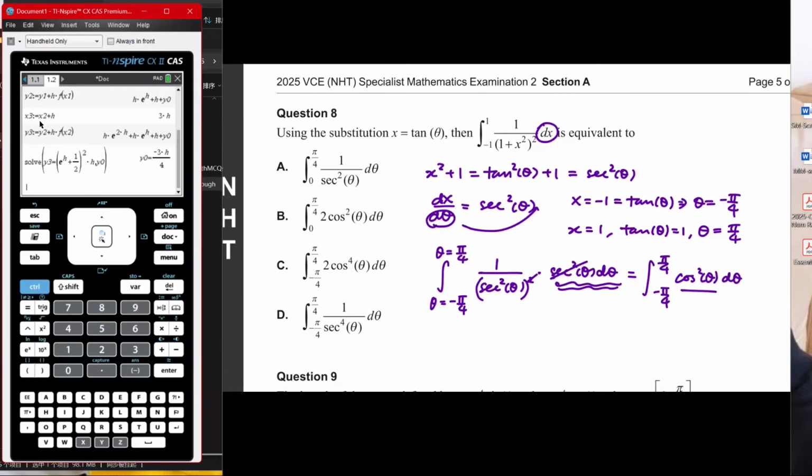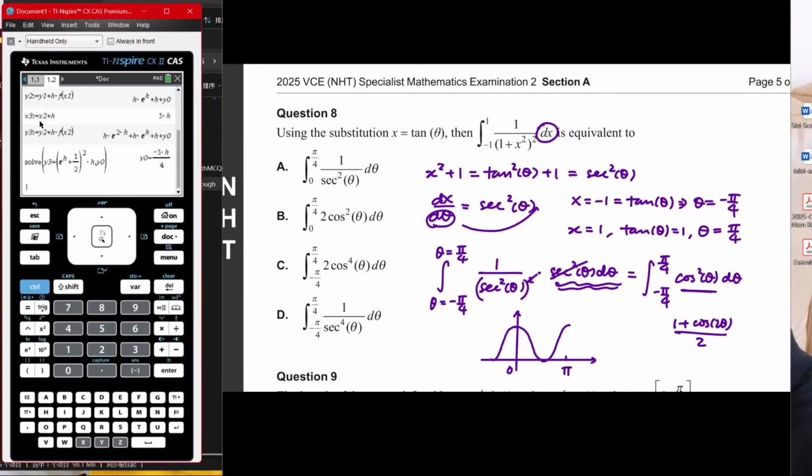Notice that the graph of cosine theta looks like that. You can use (1 plus cosine 2 theta) over 2 to replace cosine squared theta. So you actually get a graph like that. For example, this is from 0 to pi.